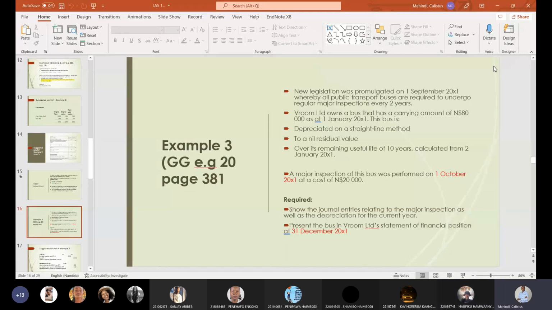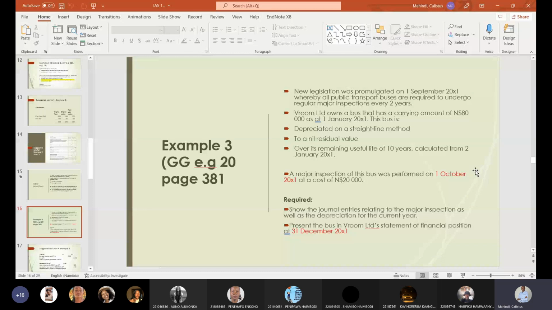Look at requirement 1, show the journal entries relating to the major inspection as well as the depreciation for the current year. Let's just look at the major inspection. So before the required, the last bullet gives us the information. A major inspection of this bus was performed on 1st October 20X1 at a cost of 20,000.